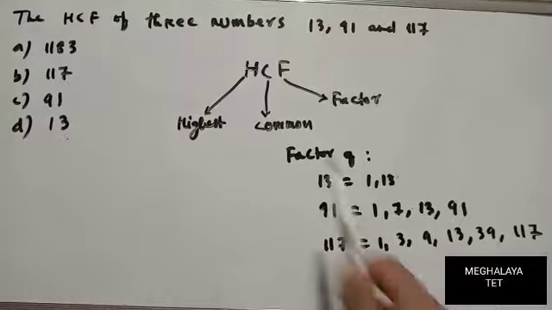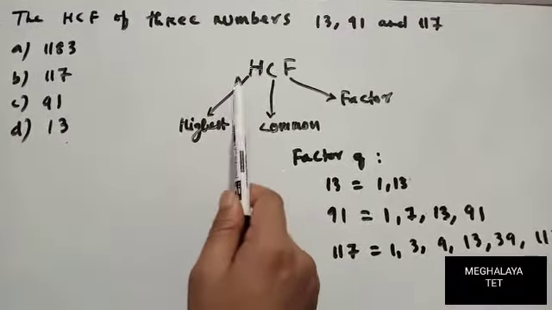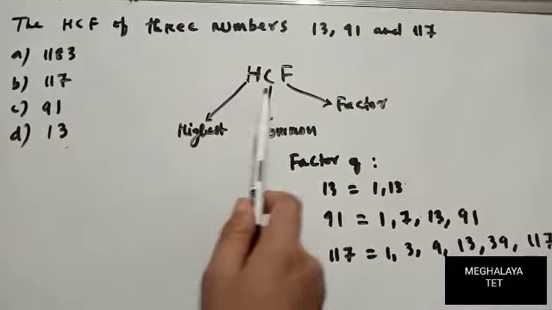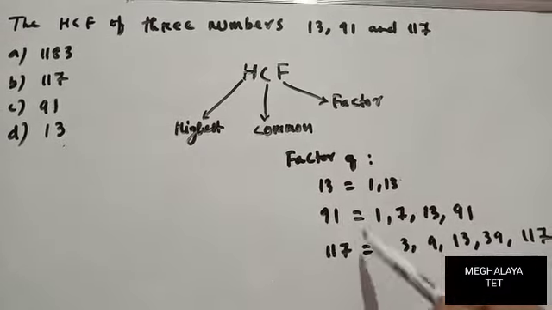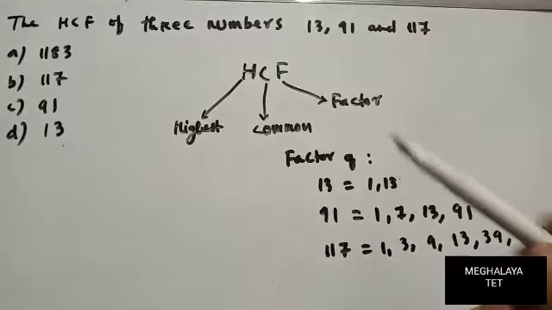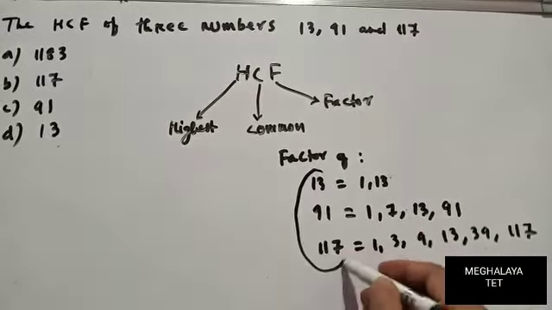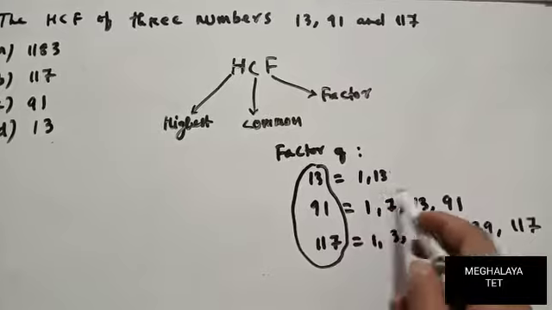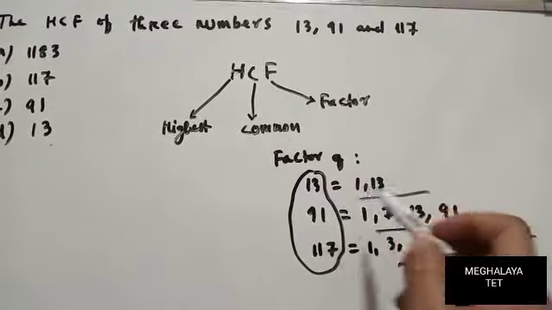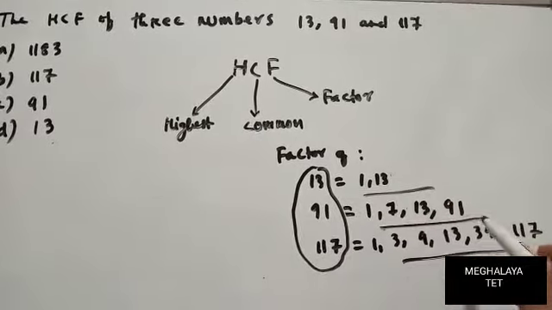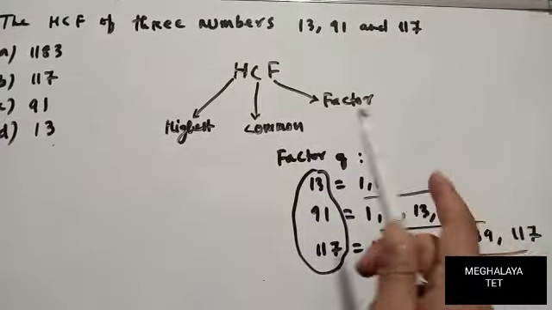So what they have asked is the HCF, the highest common factor. These are the factors of the three numbers they have given. The number should be the highest and it should be common to all three numbers.